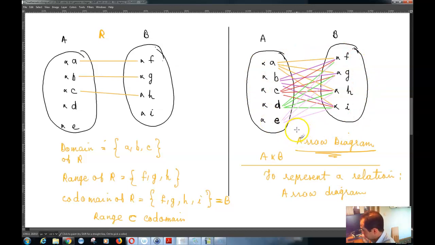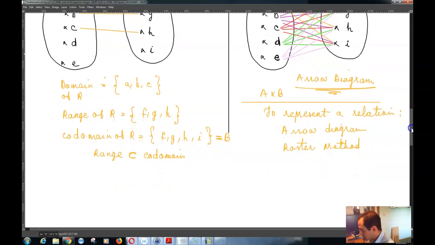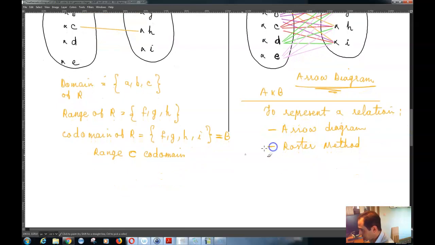There is the raster method, which I'll tell you about, and there is the set builder method.